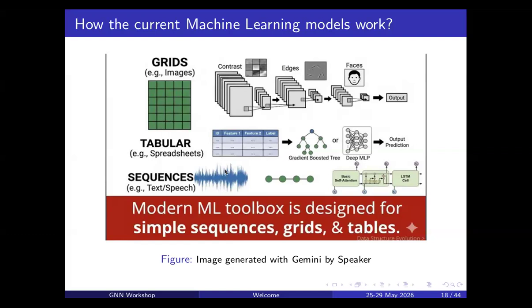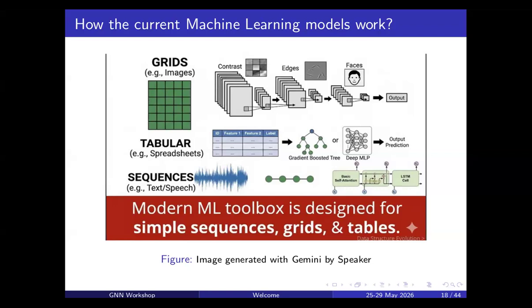Or a deep neural network takes tabular data, or an LSTM or RNN or transformer model takes sequence data, either text or speech, video, anything. So they particularly work on simple sequences, grids, and tables.